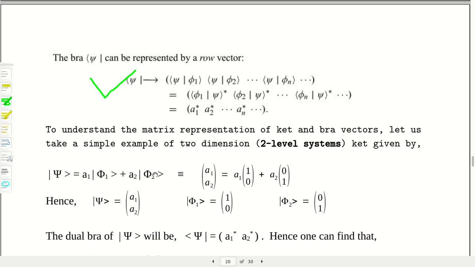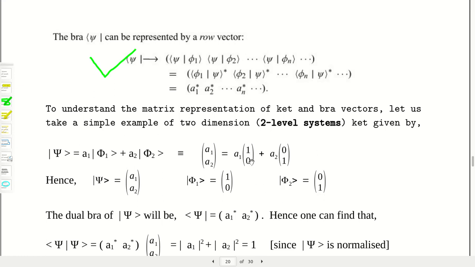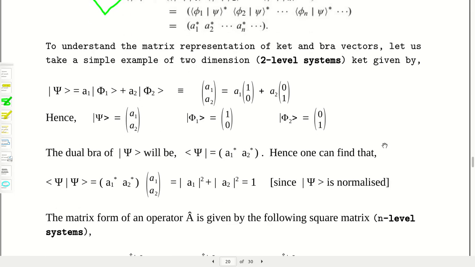You may reverse the matrices, that is, in place of 1 0 you can write 0 1, and in place of 0 1 you can write 1 0, there is no harm, but this is the common nomenclature everyone uses. So we have written here like this, and these show what the matrices corresponding to the kets are, and in case of bras we all know.